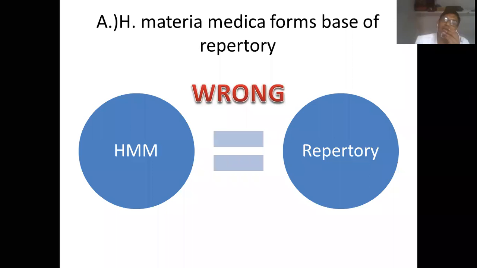Nobody can substitute homeopathic materia medica by repertory, because homeopathic materia medica is not equal to repertory, and repertory is not equal to homeopathic materia medica. This equation, homeopathic materia medica is equal to homeopathic repertory, is a wrong equation.